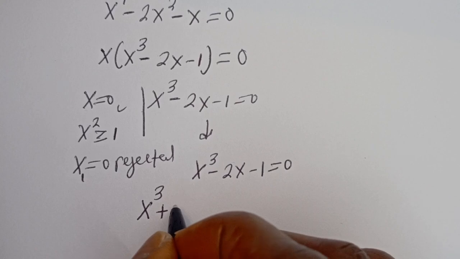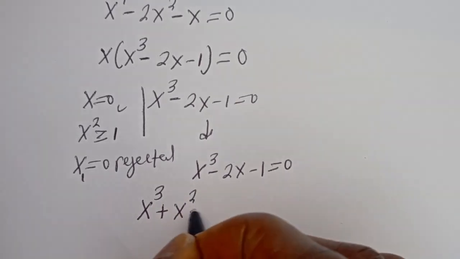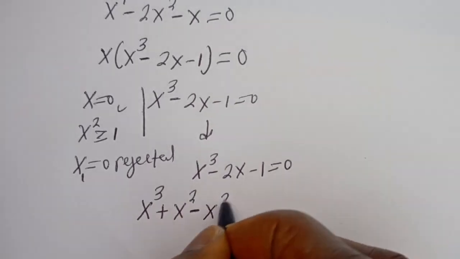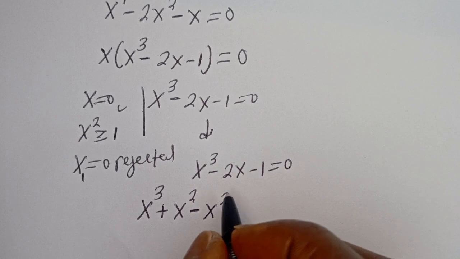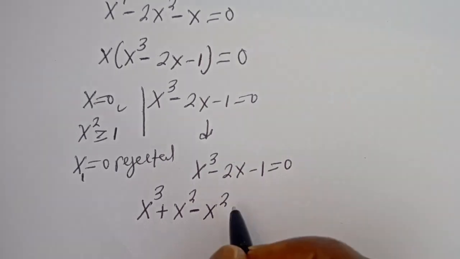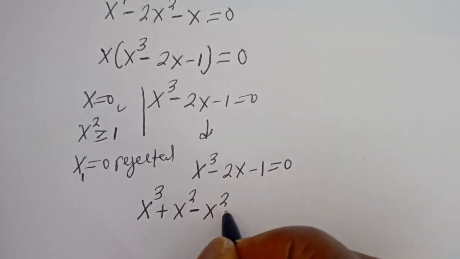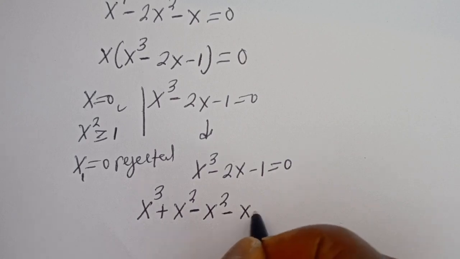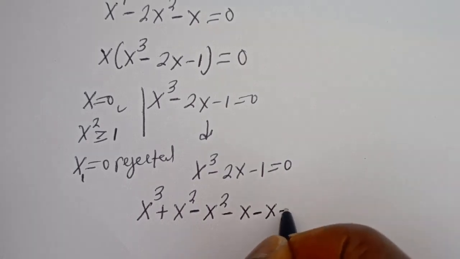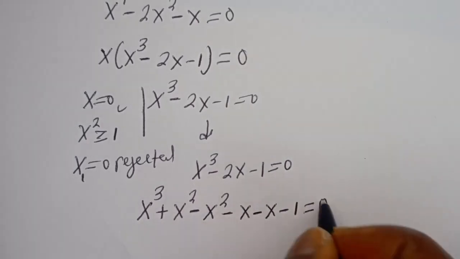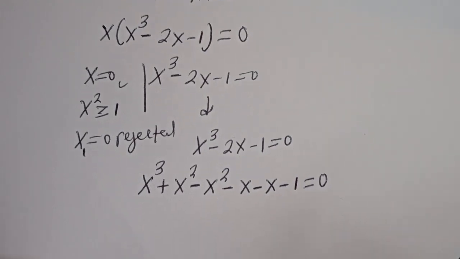We have plus s squared minus s squared. Then this minus 2s can be written as minus s minus s minus 1 is equal to 0.